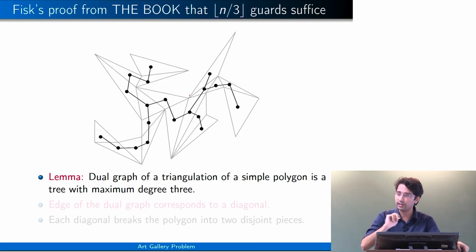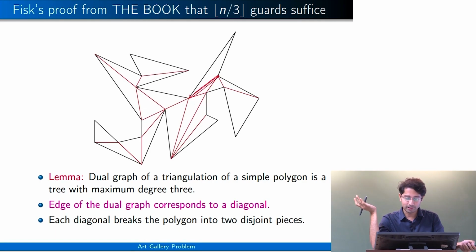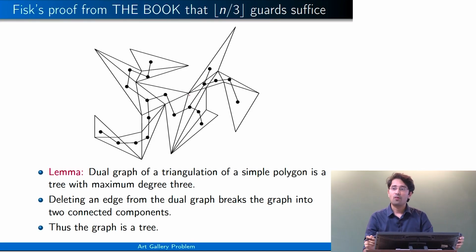If I remove any edge, it will become 2 disjoint subsets. Removal of any edge leads to 2 disjoint subsets. What is the graph that has this property? Right, this is a tree. So, the dual is a tree. So, what? The dual graph of a triangulation is a tree.